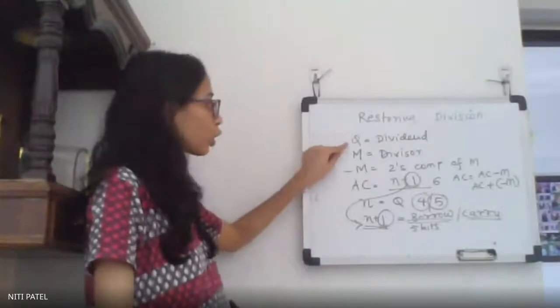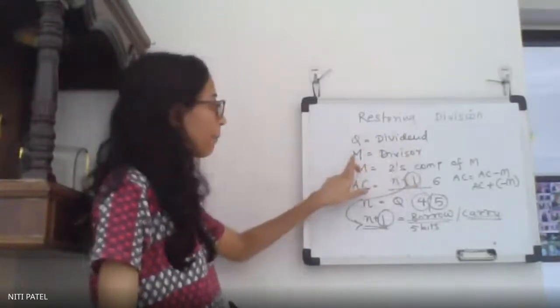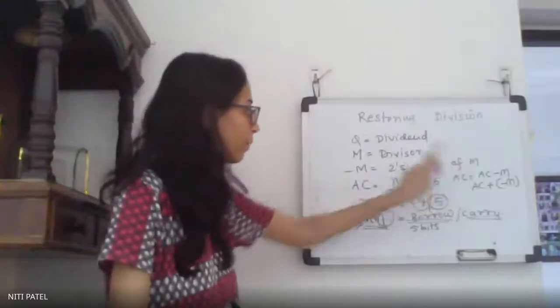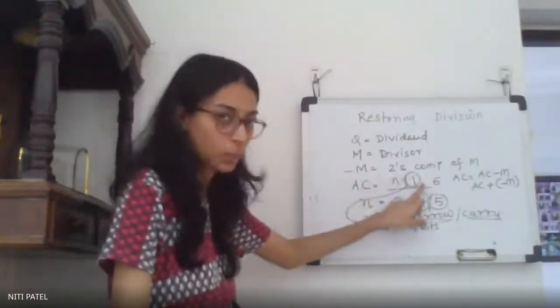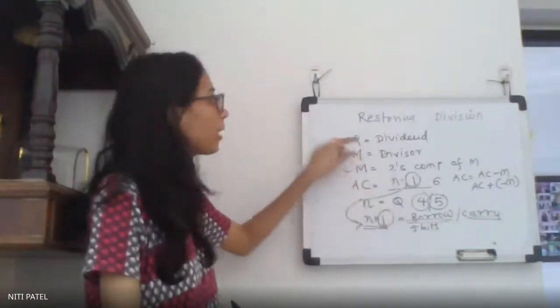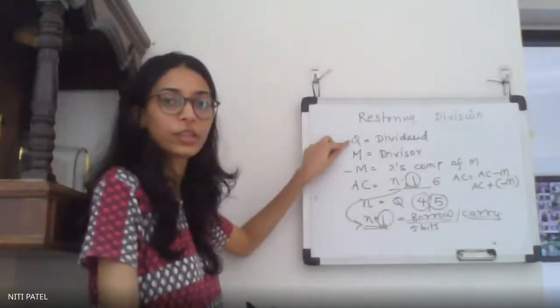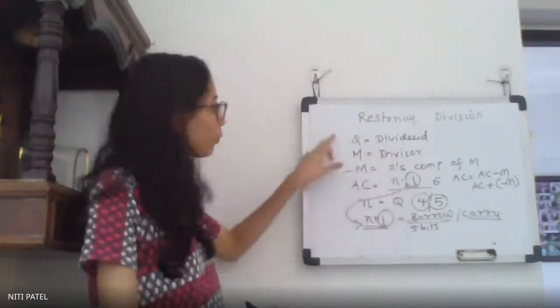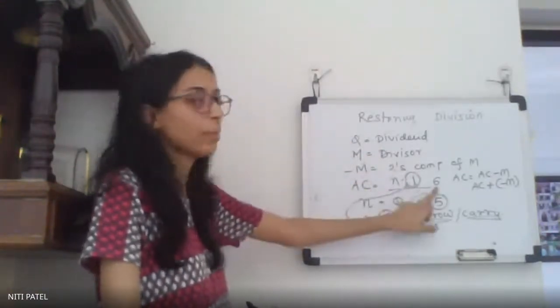Okay. So your Q is equal to the dividend, M is equal to the divisor, minus M is the 2's complement of M. Your AC is n plus 1. From where do we find this n? Your n is the number of bits in your Q. If they are 4, your AC will become 5. If your n is 5, your AC will become 6.